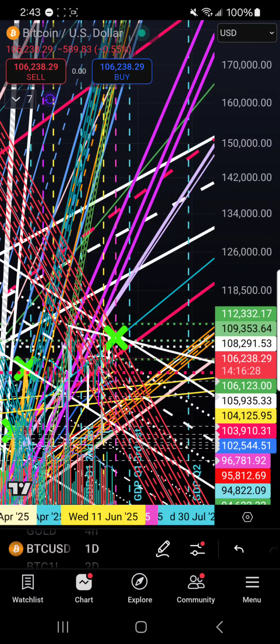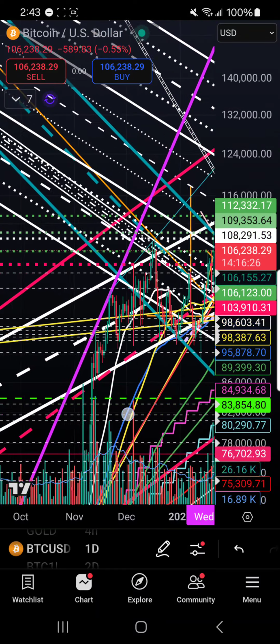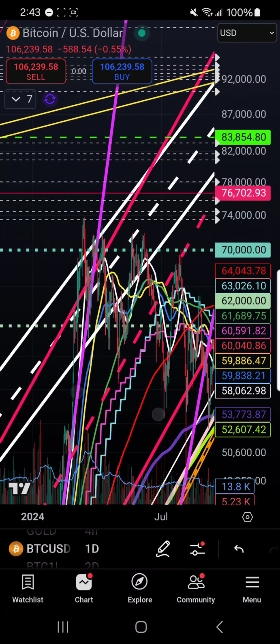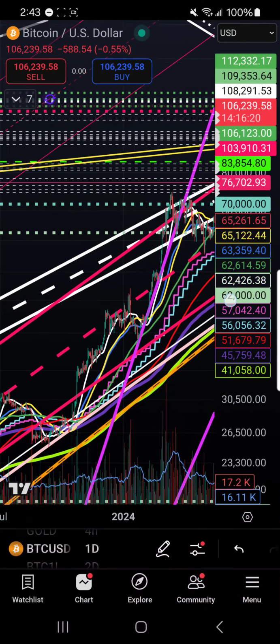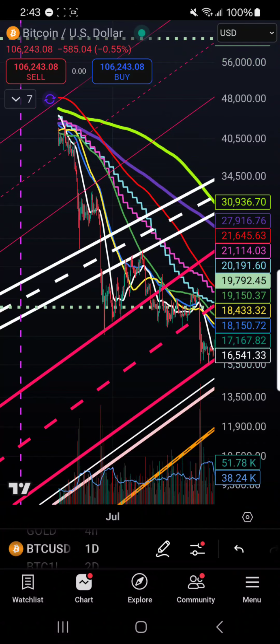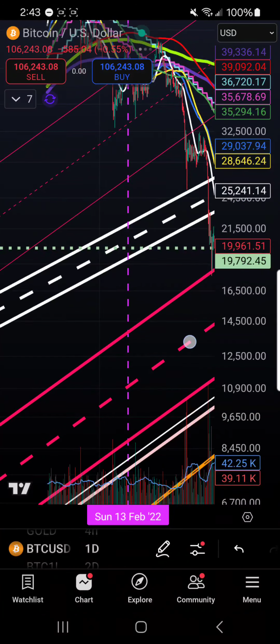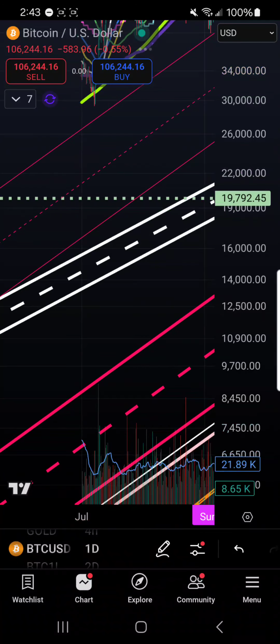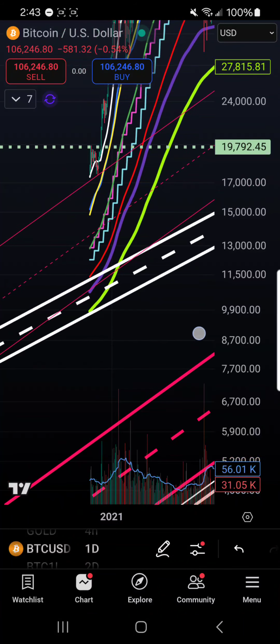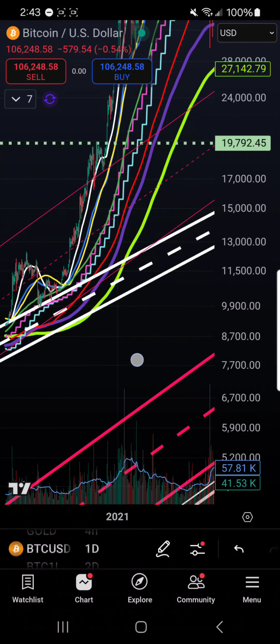But the reason this is significant, if you haven't watched any of my videos in the past, is that it's the channel from which all parabolic bull rallies start. And if we go back to 2019 here, or 2021, I should say. Why am I saying 2019?